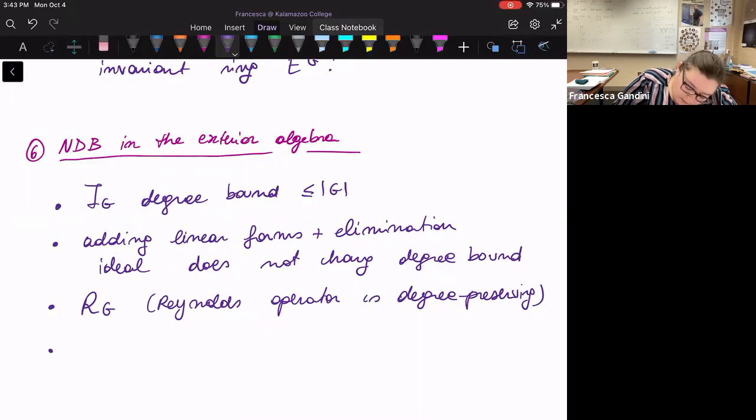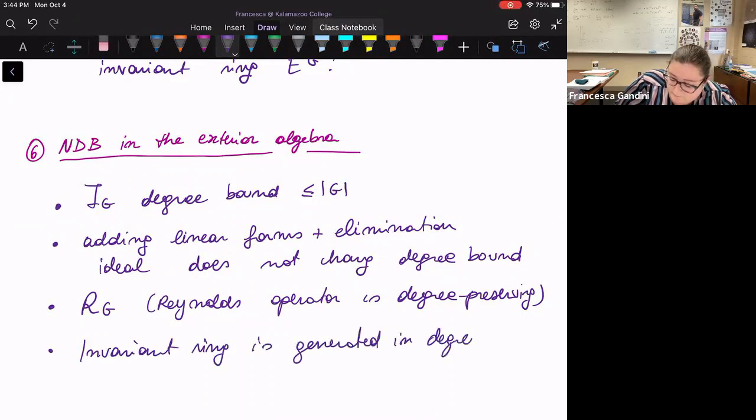So the invariant ring is generated in degree less than or equal to the order of the group. And so this can be used in the exterior algebra to prove this Noether degree bound, the Noether degree bound in the exterior algebra.